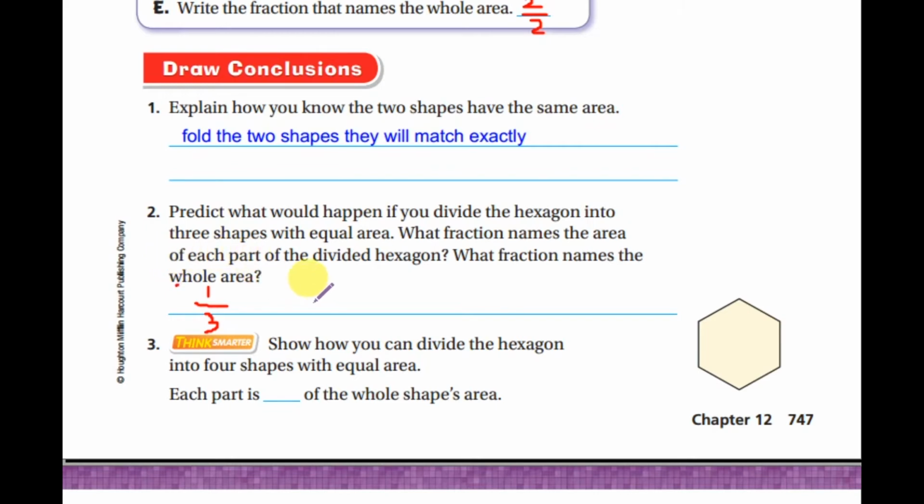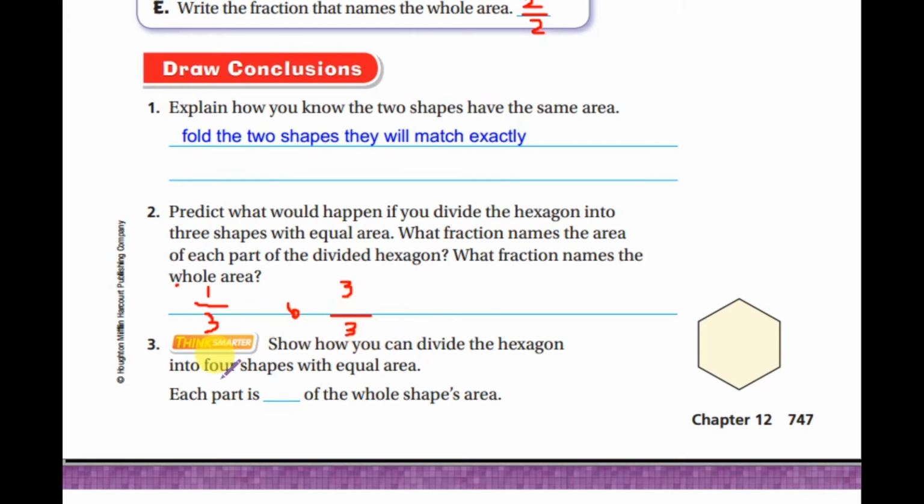You want me to find the whole area. If I make the whole area, this means I will color all three parts, right? So three parts are colored, and the parts in all will be three. If I say the whole shape, the whole number, the whole area, this means the numerator should be the same as the denominator. The denominator is 3 because I cut the shape into 3 parts, so I have to put 3 up and 3 down.